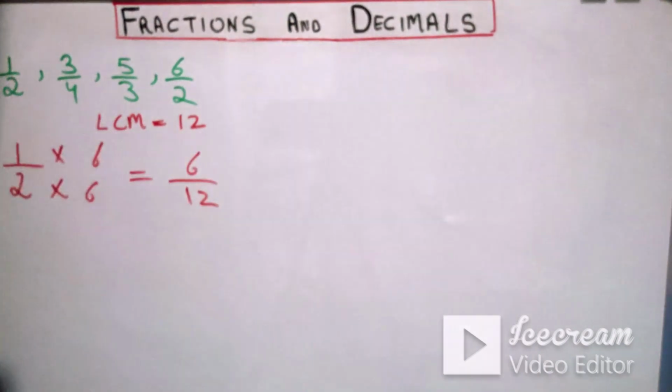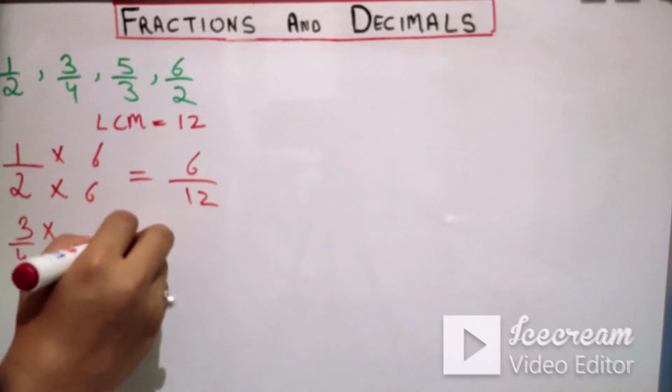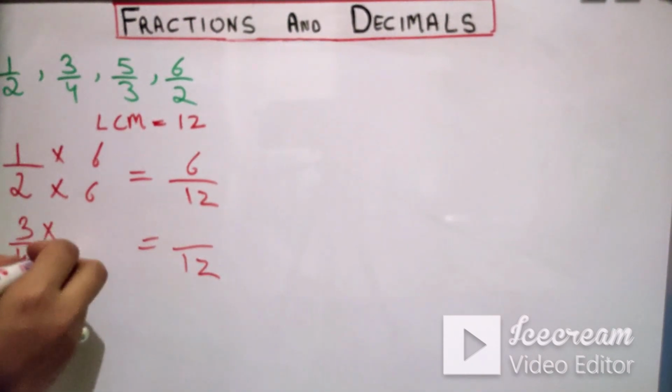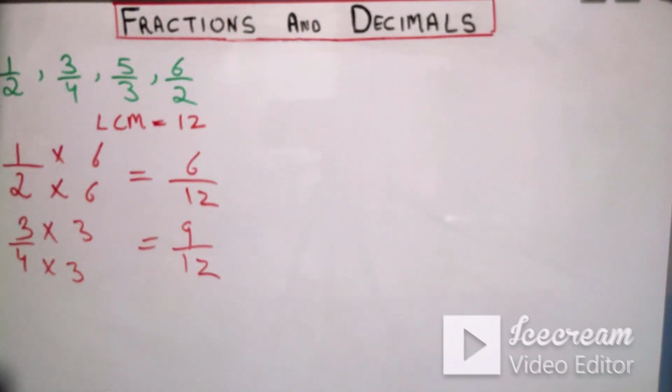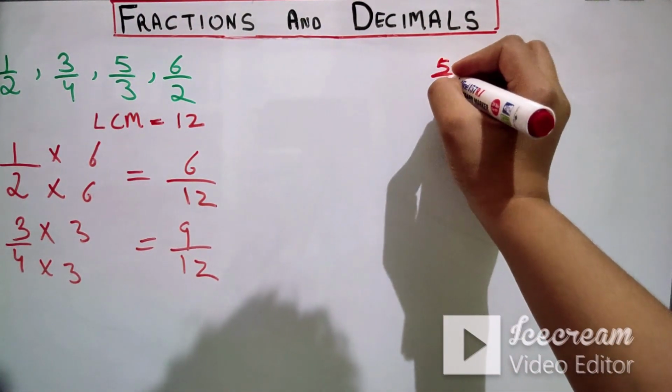Now for 3 by 4, how can we get 12 here? By multiplying it by 3. So it simply becomes like this. Again, the same procedure we will repeat with all the other fractions as well. The next fraction we have is 5 by 3.